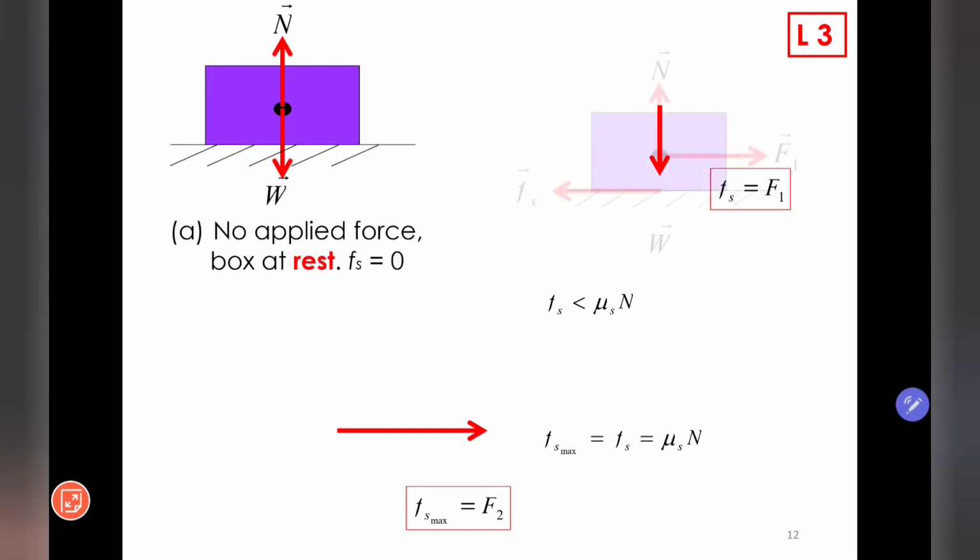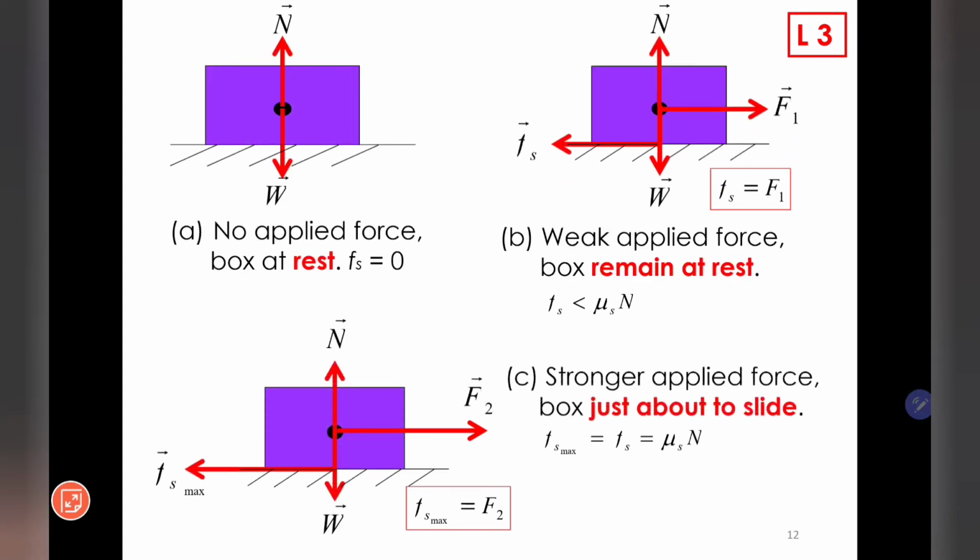Next, what do we have now? According to the first example given here, there is no applied force, meaning there is no motion, so the box is just at rest. At rest, of course, the static frictional force equals 0. The object is really static, or stationary. Second, a weak force is applied on it.